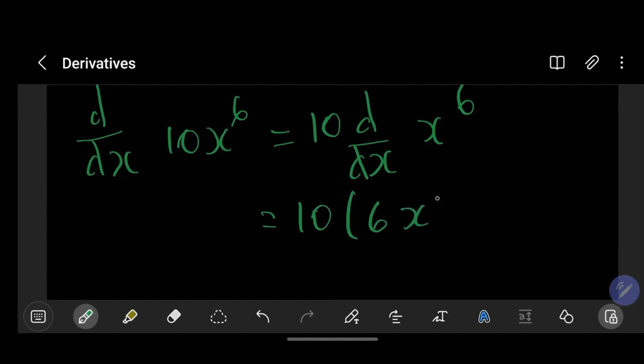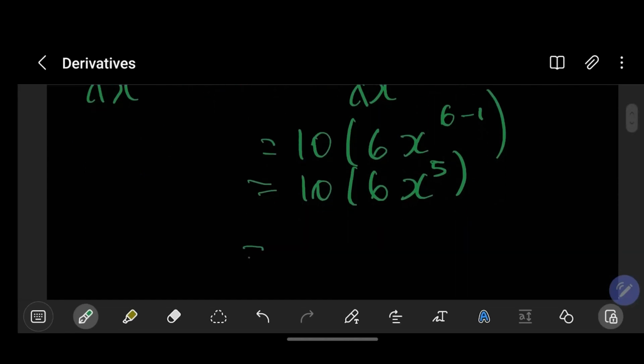We then find n minus 1, which is 6 minus 1, and that's equal to 10 times 6x raised to the 5, and that's basically equal to 60x to the 5. Quite simple, the multiplication rule, especially with its application.